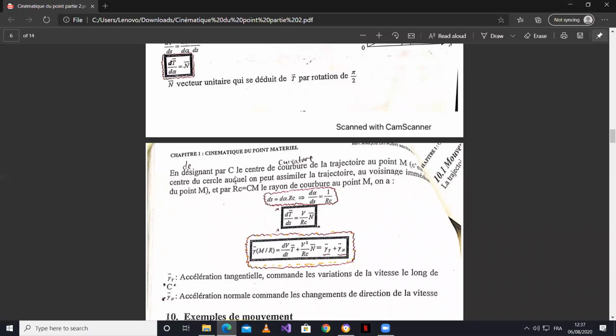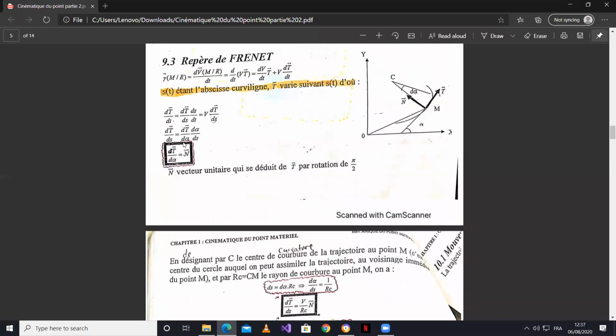Just that expression where ds is equal to d alpha multiplied by RC, and then d alpha over ds is equal to 1 over RC.